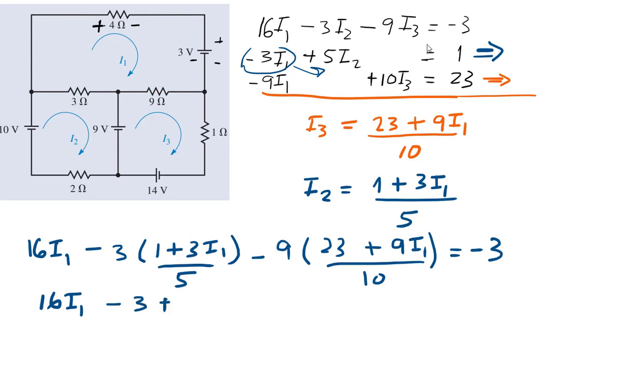Minus 3 plus, now negative times positive keeps us negative, so this is negative 9 I1 over 5. Here negative times this is negative.